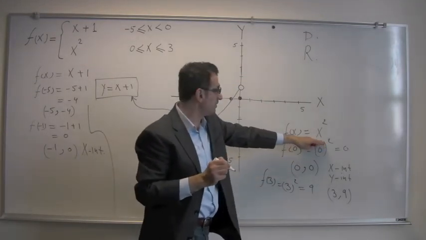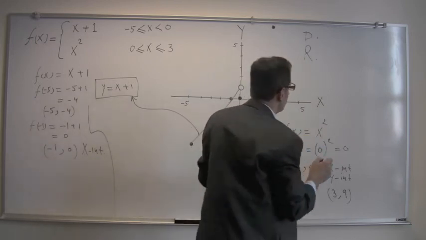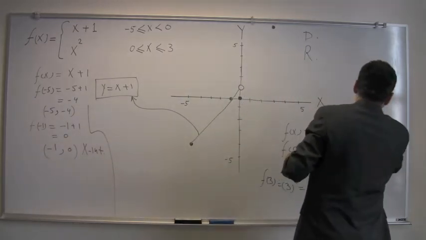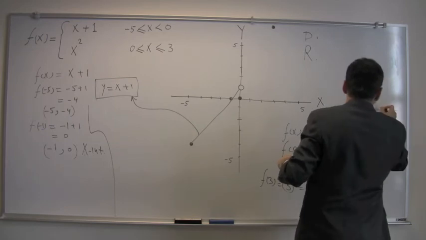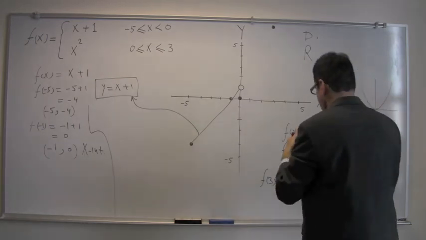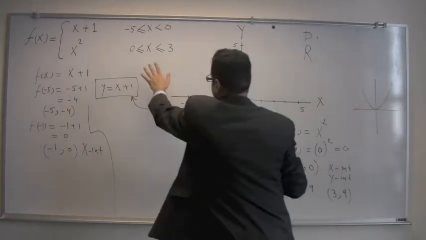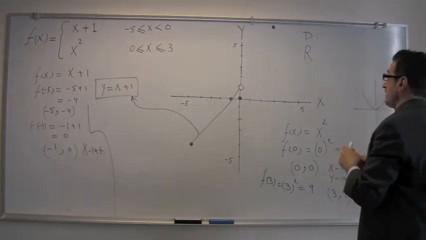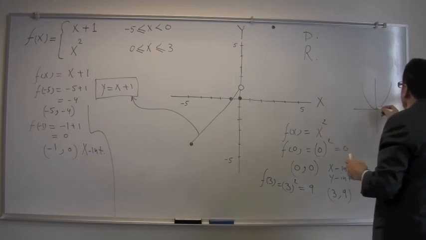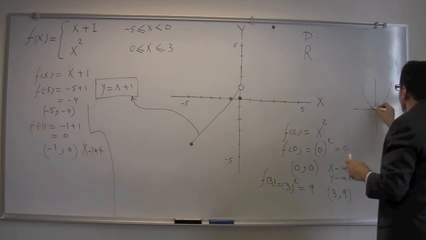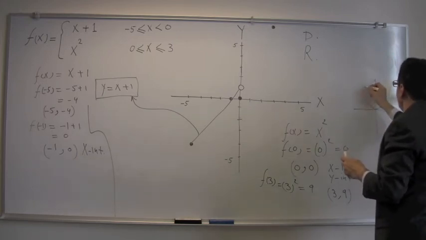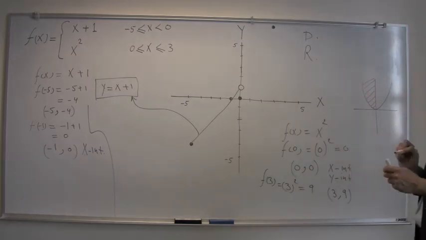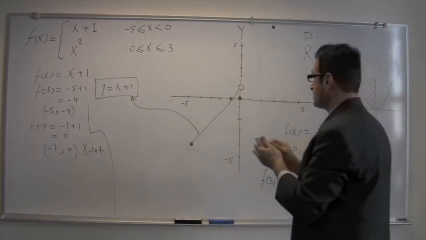I can graph it by showing the basic parabola, which looks like this. But this time, I have restrictions. X is equal to 0 and greater than 0. So x is not negative, so this part of the parabola will be omitted. Only this part.